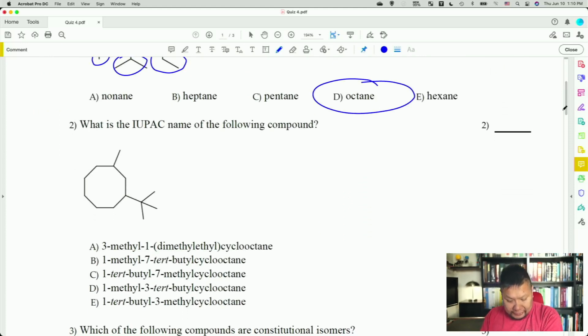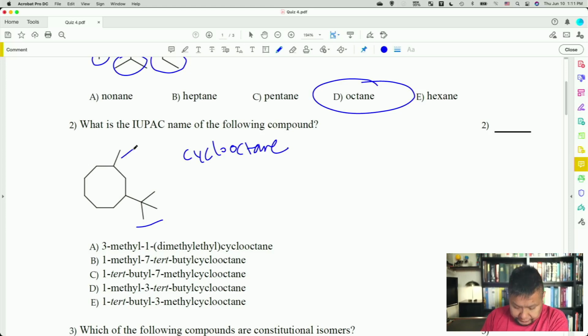Okay, so next: what is the IUPAC name for this compound? Well, we know that we have an octagon here, so it's going to be an octane, and it's circular, a cyclo, so it's cyclooctane. Then the question is, how do we name the substituents? We'll number it first based on the fact that this is a tert butyl group, and this is a methyl group.